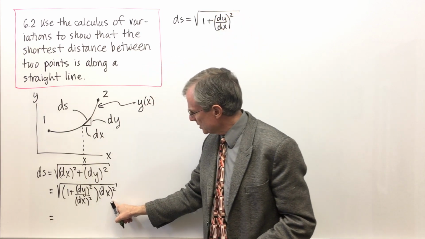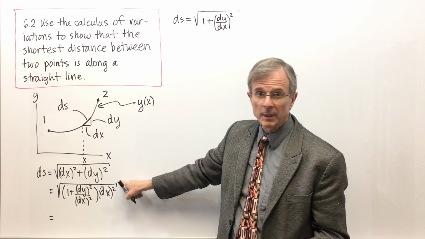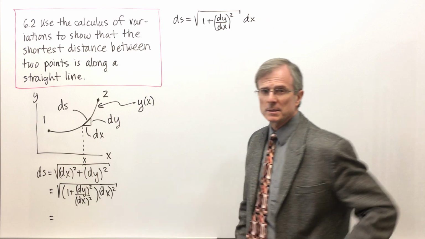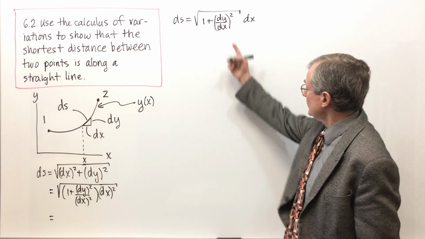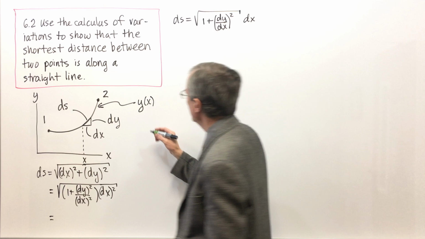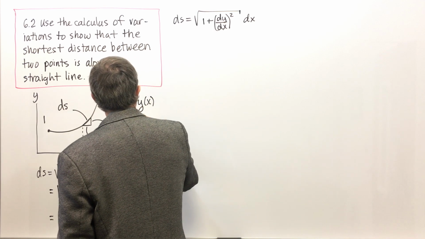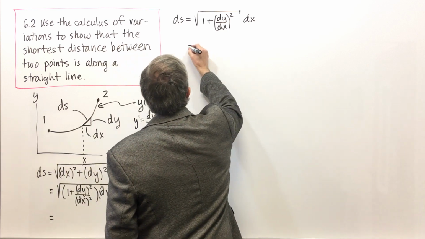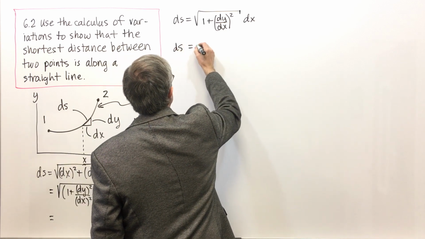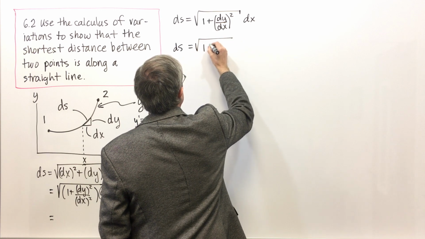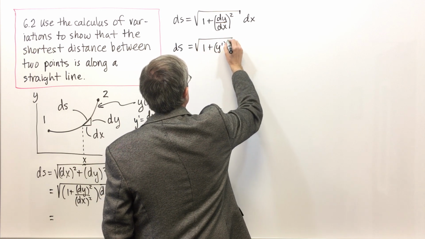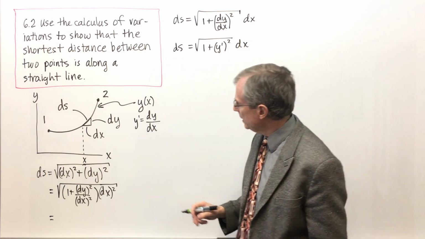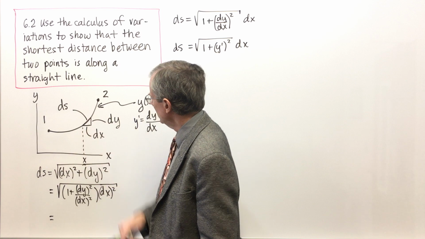And then I have a dx squared, square rooted. I can take that out. And it just becomes dx. And now, dy dx, well, that's just y prime. So we now have ds equals the square root of one plus y prime squared, dx, and that's a little element of length that I need to get from here to here.